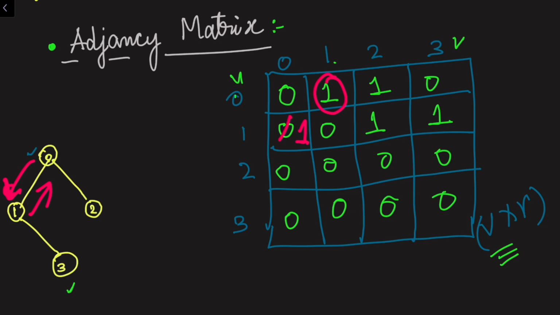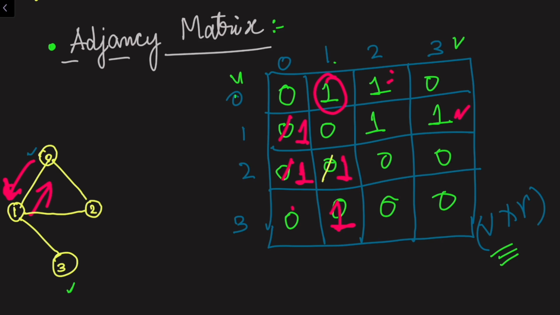From 0 to 2 we already have it, and now from 2 to 0 we also mark it as 1. From 1 to 3 we already have it, and now from 3 to 1 we mark it as 1. And 1 to 2 we already have, so from 2 to 1 we also mark it as 1.